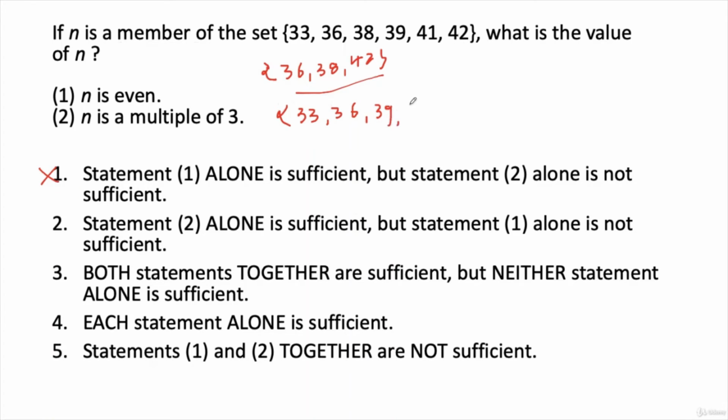And 3 into 14 gives us 42. So set 2 gives us 4 values of n. Checking it alone, statement 2 alone is not sufficient because we have 4 values which can be put in statement 2. Hence, statement 2 alone can't solve the problem.